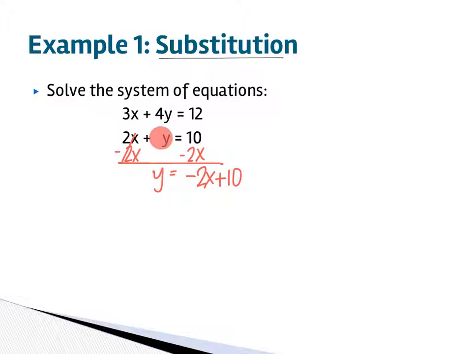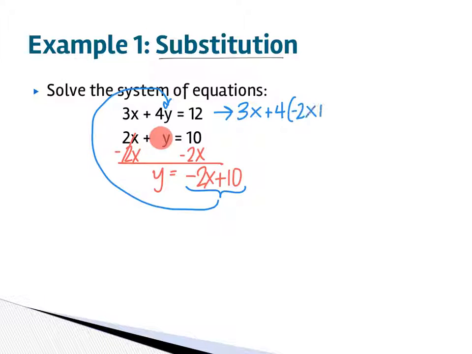Now we're going to take what y equals and substitute it in for itself in the other equation. So that's going to turn into 3x plus 4, and instead of y, we're going to put negative 2x plus 10, and that equals 12.